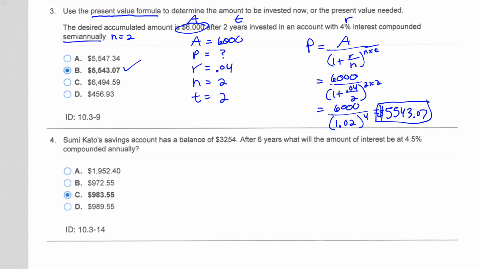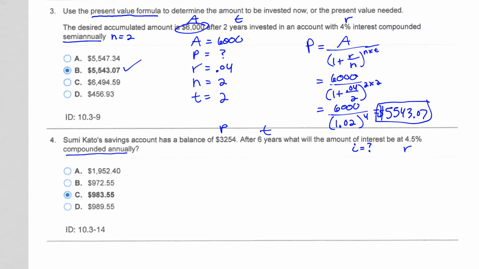Okay. Number 4. So Mikado's savings account has a balance of 3,254. That is P after 6 years. What will the amount of interest be at 4.5%? So this is the rate. Okay. The amount of interest is I, and we just don't know that. Okay. This is going to be how much was gained. All right.